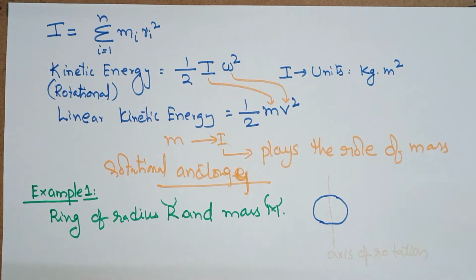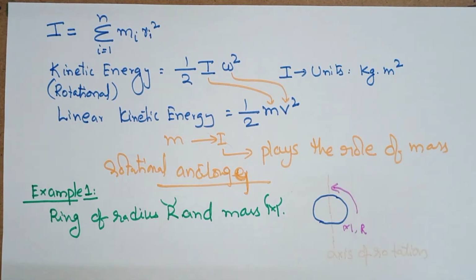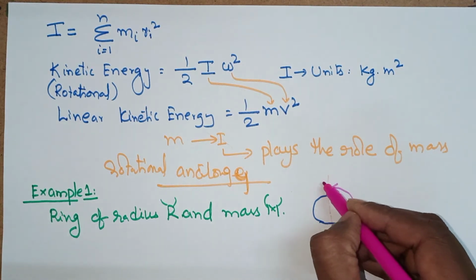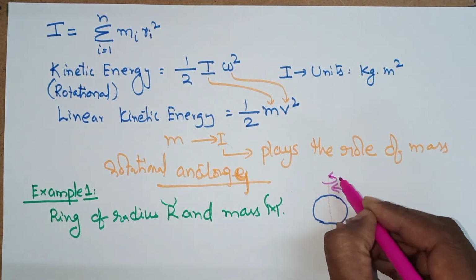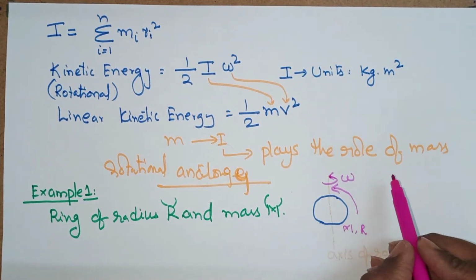Let us say it has mass m and radius r, and moves in anti-clockwise motion about the axis with angular velocity omega. How do we write the kinetic energy?